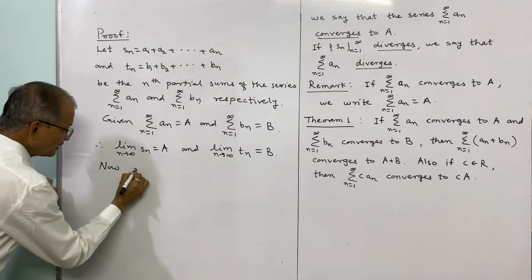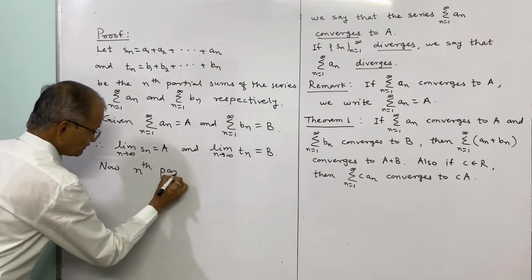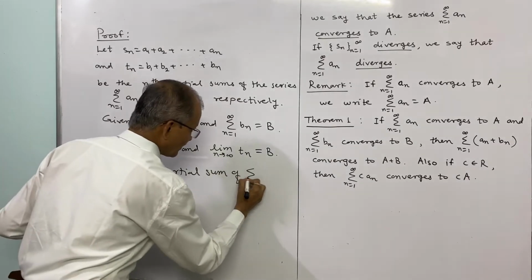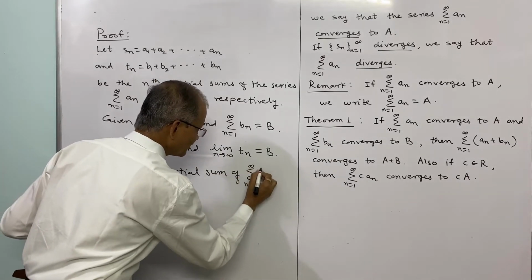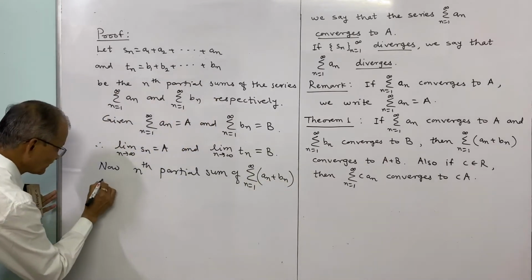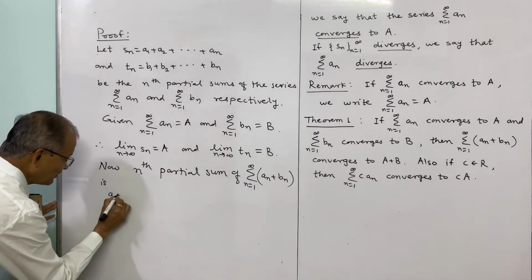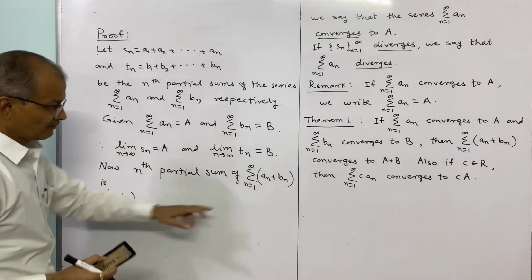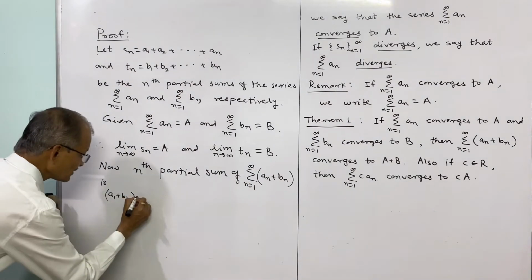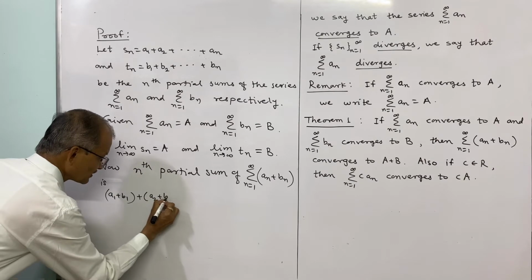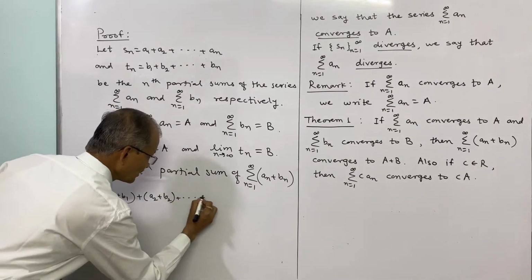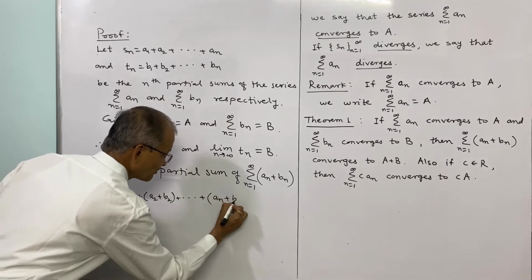Now the nth partial sum of sigma of an plus bn is: the first term is a1 plus b1, running n from 1 to n, so the second is a2 plus b2, which we write in brackets, and the last is the nth, an plus bn.